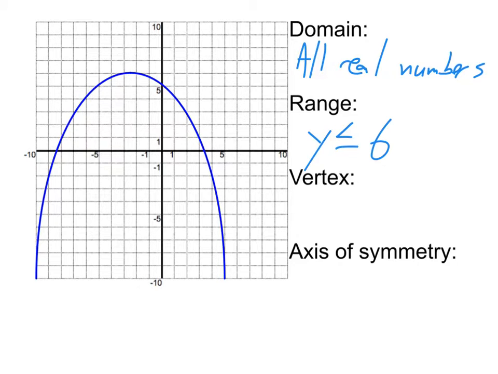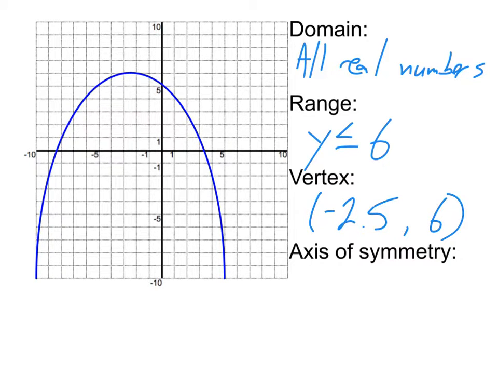That's how far we went over. Looks to me like that's going to be at -2.5. So that's the number I'm going to use there. And how far up? Well, that's a bit easier to tell. That looks like it's at 6. So I'm going to write then my vertex as a point, a coordinate pair, that is going to be at (-2.5, 6).